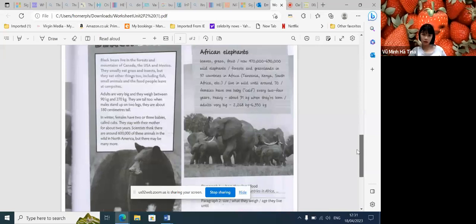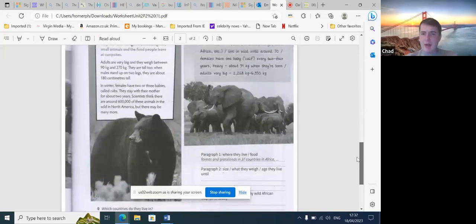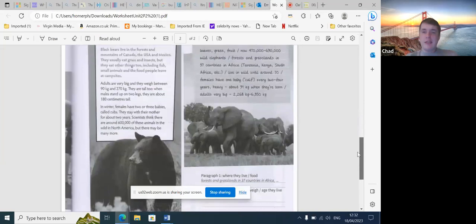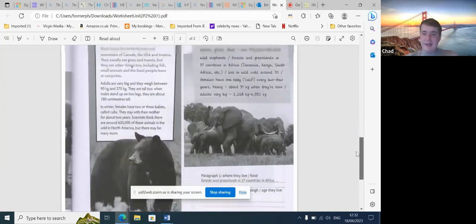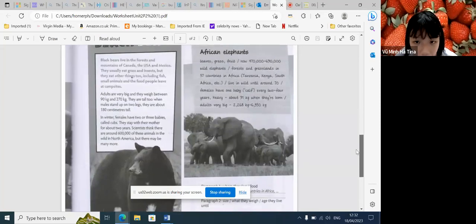I don't know where you got that. I'm trying to follow where you got that information. So the first one is about size. Where does it say about size and weight? In the text that we looked at.